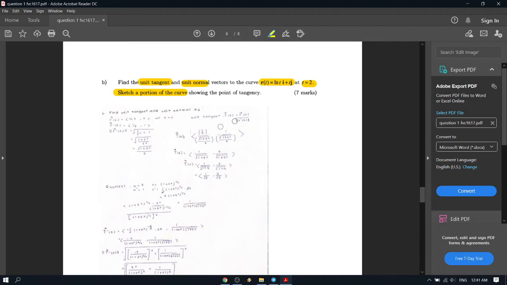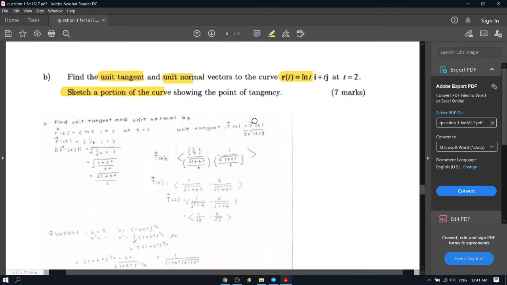The formula for the unit tangent is something like this. The vector r prime is divided by the magnitude of the first derivative of r, right? Then we find the first derivative of r here, and then we find the magnitude, and then we get this function.